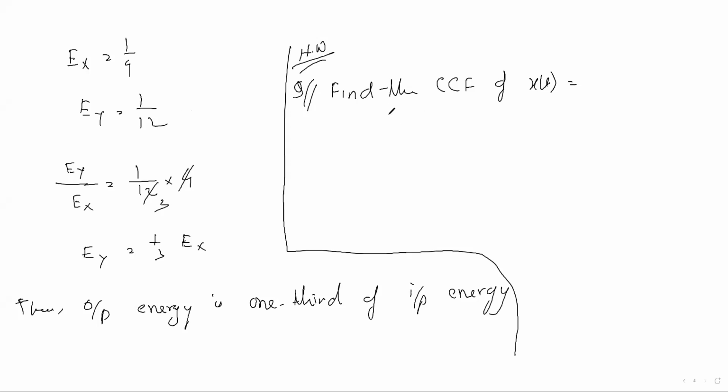This is cross correlation function. Find the cross correlation of xt equal to e to the power minus t u of t and yt equal to e to the power minus thrice t u of t. Okay, this is as a homework.